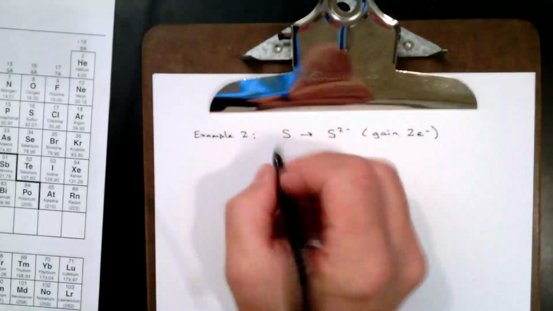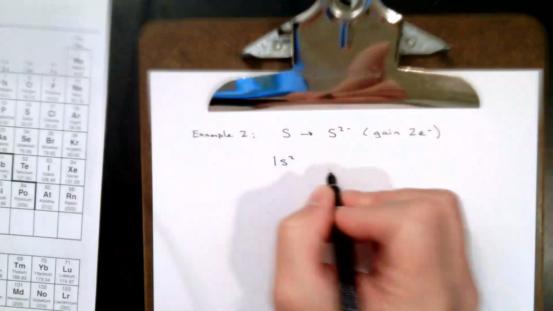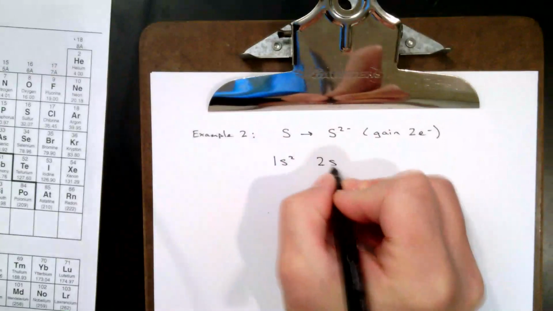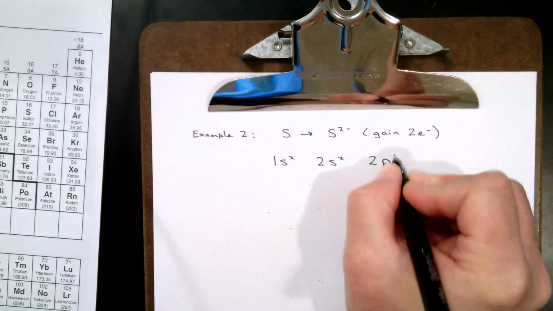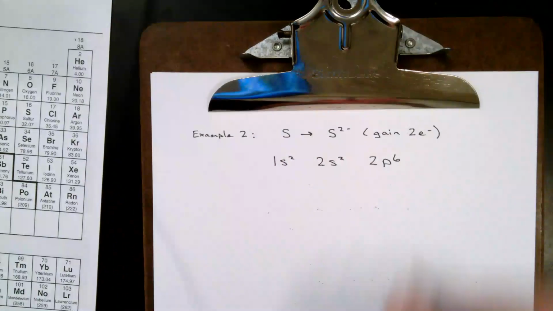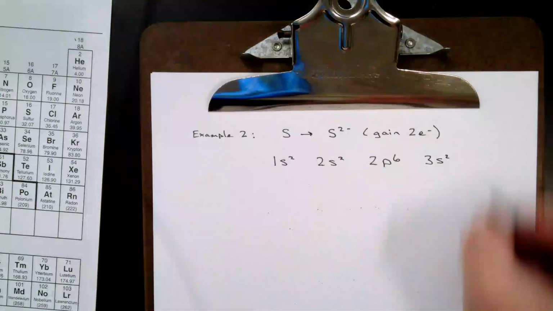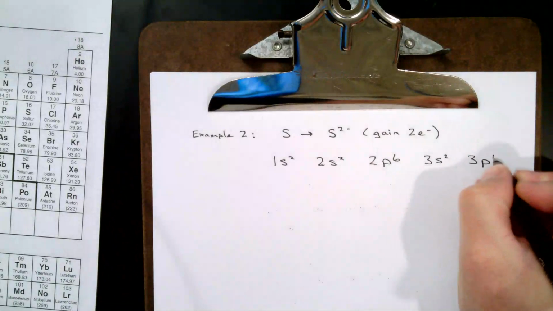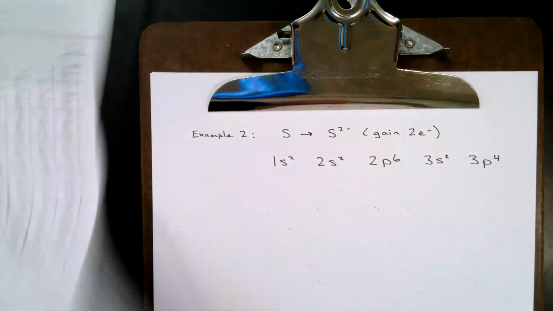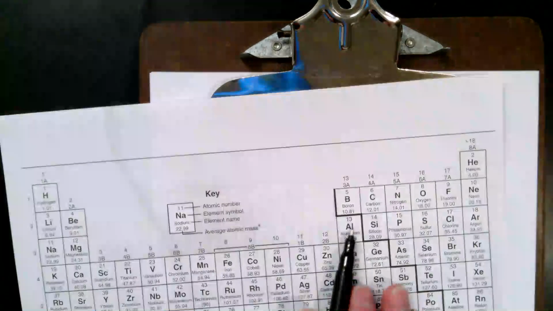So for the atom of sulfur, the quantum mechanical description is 1s2, 2s2, 2p6, 3s2, and then 3p4.